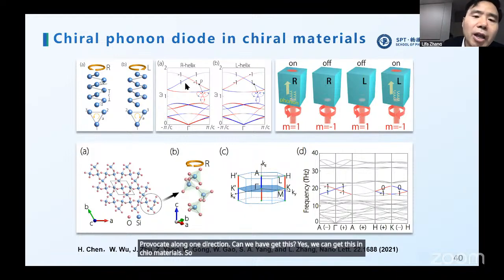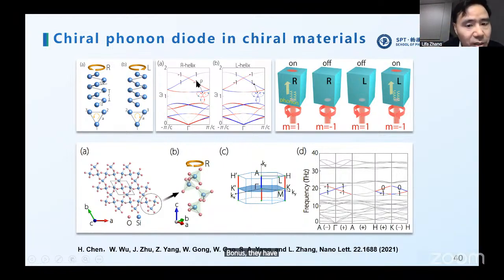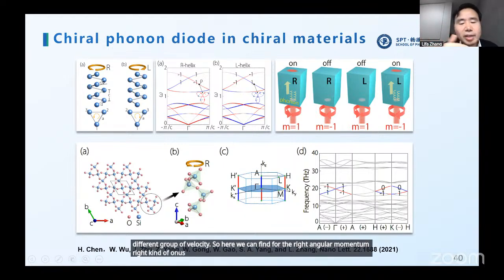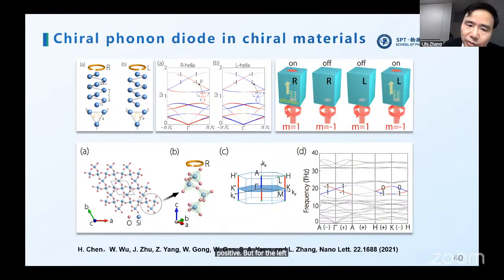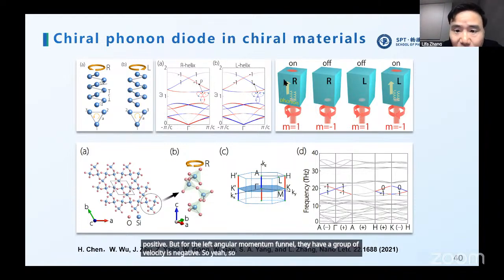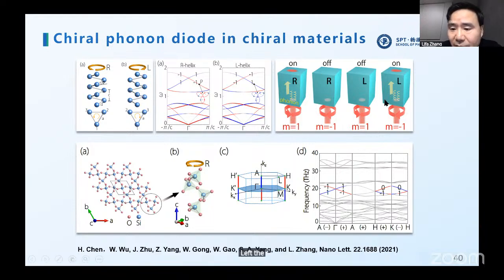So in chiral materials, we find that the left and right phonons have different group velocities. For the right angular momentum phonons, the right-handed phonons, the group velocity is positive. But for the left angular momentum phonons, the group velocity is negative. So the right one can only propagate in this direction, and the left one in the other direction.